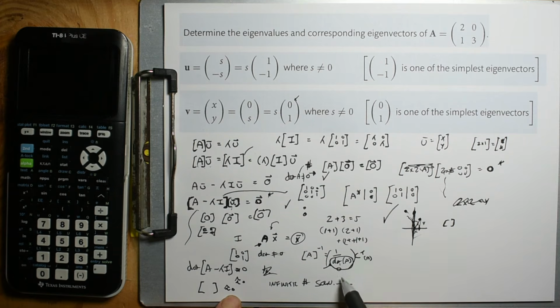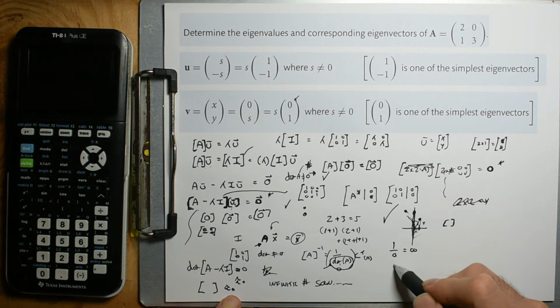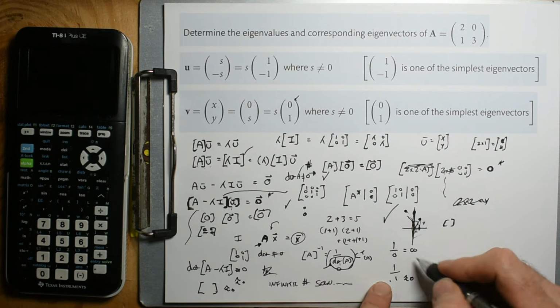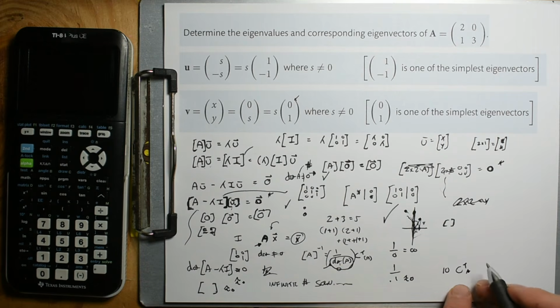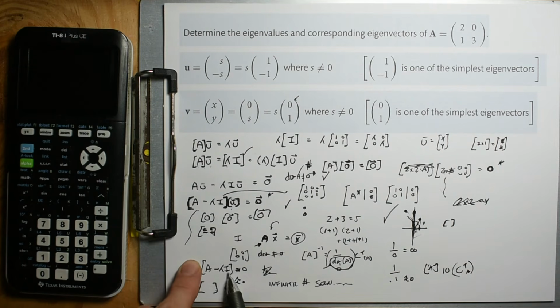It's not going to blow up. 1 divided by 0 goes to infinity, whereas 1 divided by 0.1, let's say we get a determinant that's 0.1, we're going to say that's pretty close to 0. Then this just goes to 10. So we're going to have 10 times the cofactor transposed of that matrix, and that's going to be the inverse. So at the end of the day, we're going to find an inverse to this matrix.